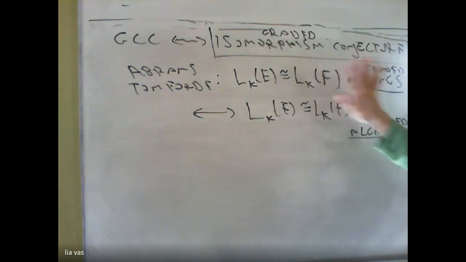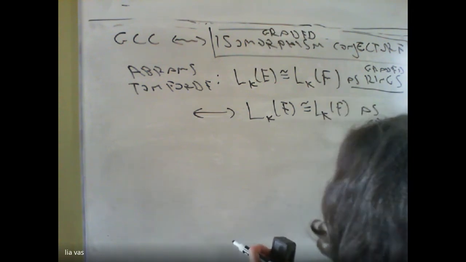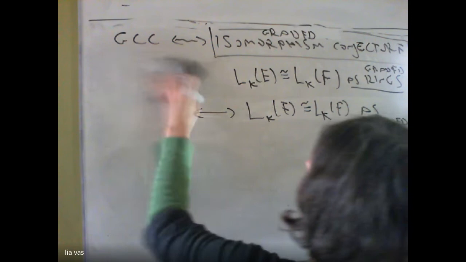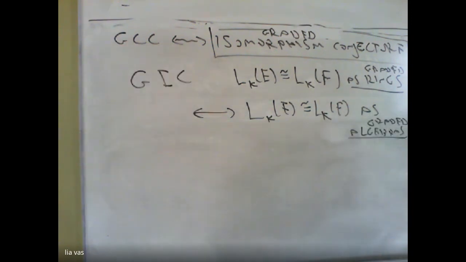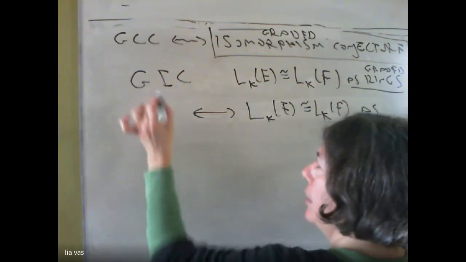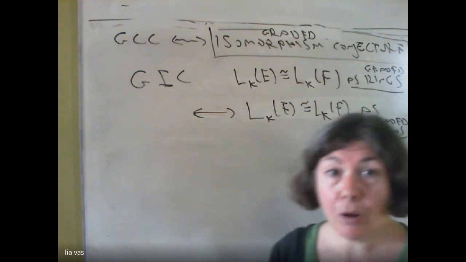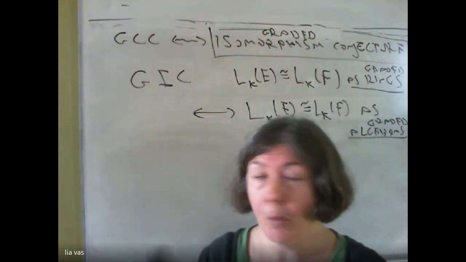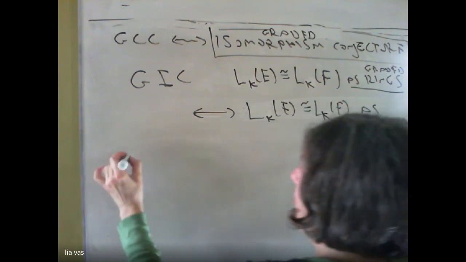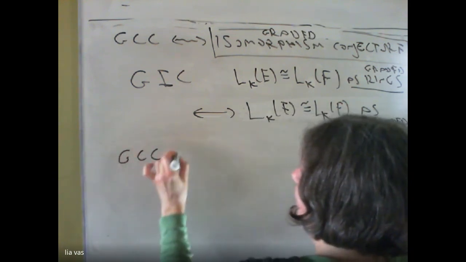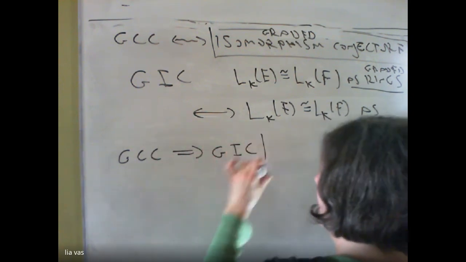So this conjecture here, let's call it the graded isomorphism conjecture, follows from the graded classification conjecture. And because the proof of that is literally one line long, I want to show you the proof. So why does the graded classification conjecture imply the graded isomorphism conjecture?